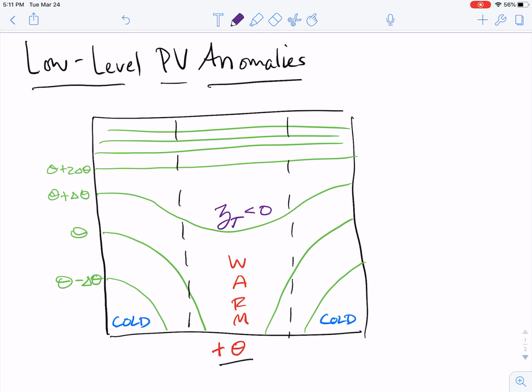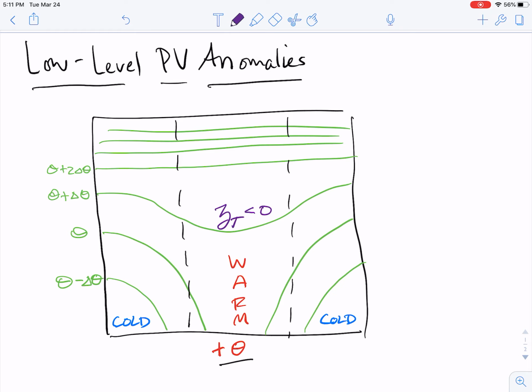Now, why must it be less than 0? Well, we know we always want to keep the cold air to the left of our thermal wind. And so in this case, that would result in a thermal vorticity being less than 0, or anticyclonic thermal vorticity.